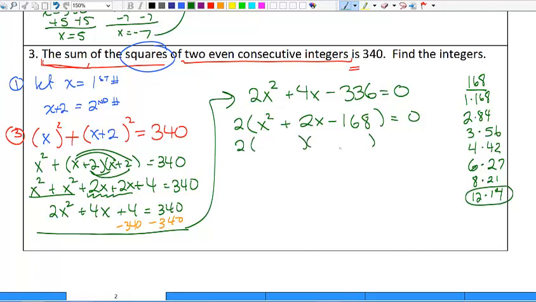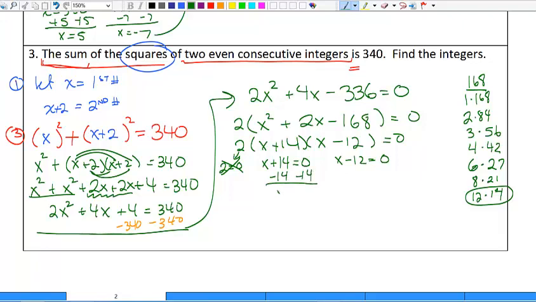So I have x plus 14 and x minus 12. I set each of the factors with an x in it equal to 0. If it doesn't have an x in it, it doesn't really need to be set equal to 0. For example, this 2, I could set it equal to 0, but there is no such time that 2 equals 0 because it doesn't have a variable in it. I don't need to solve for it.